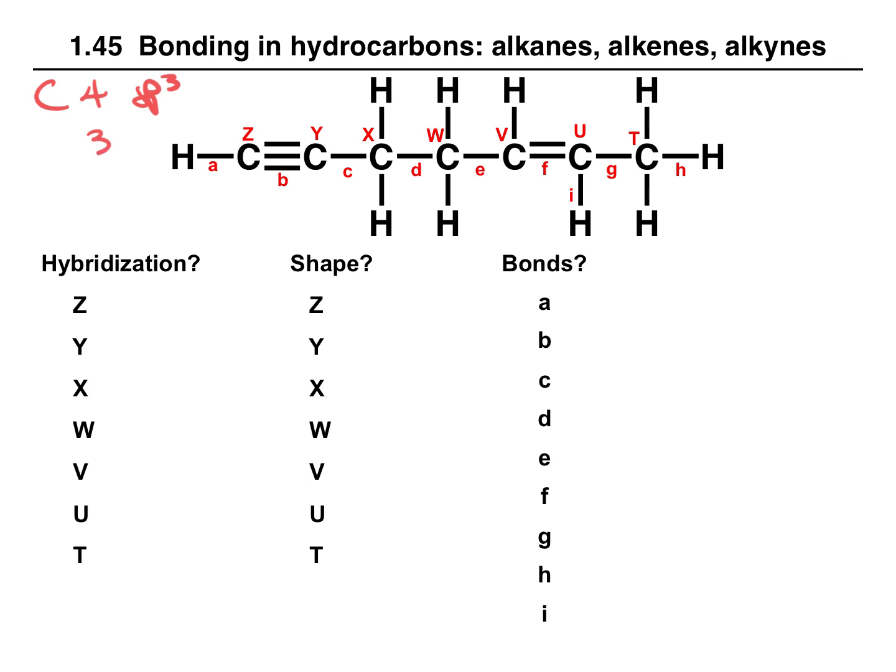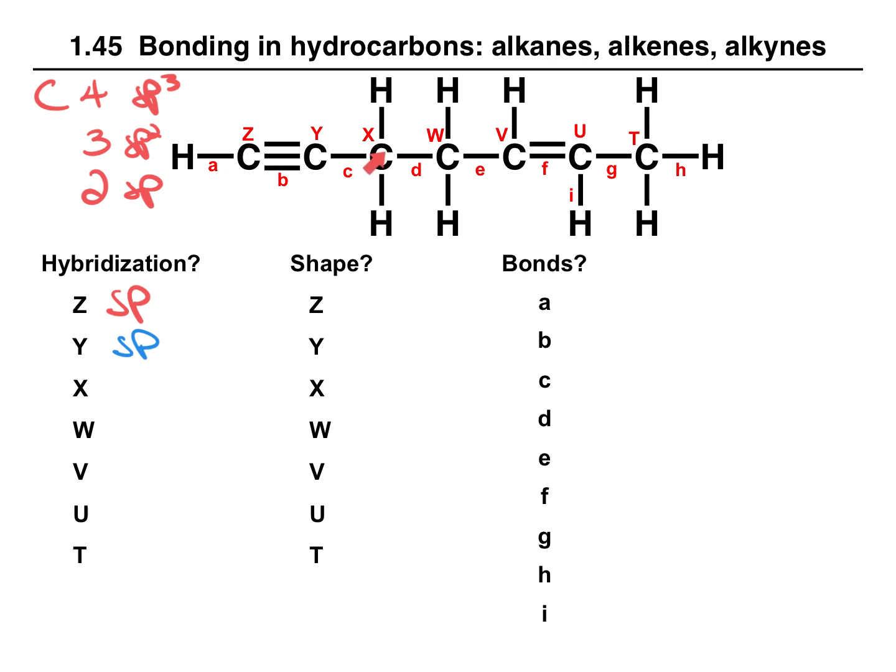If it's connected to 3 groups, sp2, 2 groups, sp. So in this case, Z is connected to 2 groups, so it must be sp hybridized. Looking at Y, this is also connected to 2 groups, so this is also sp hybridized.